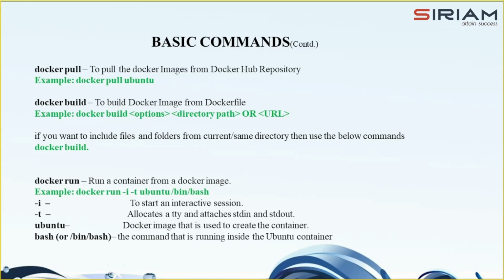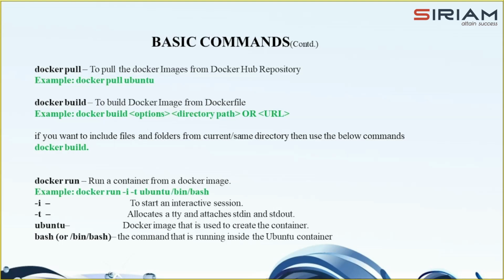This command is used when you need a specific Docker image for running containers. You can take an example of docker pull ubuntu. It will pull an Ubuntu image to your local machine.